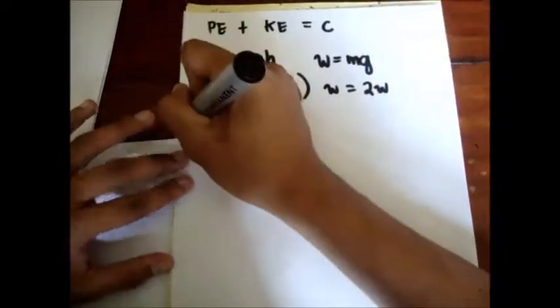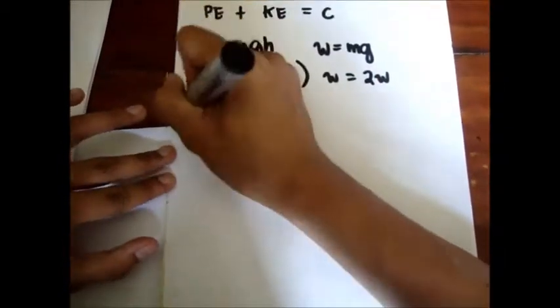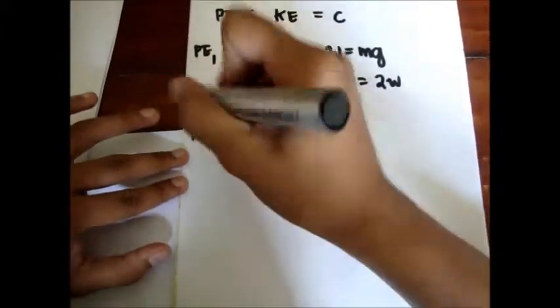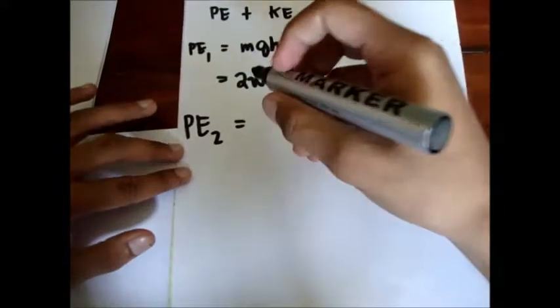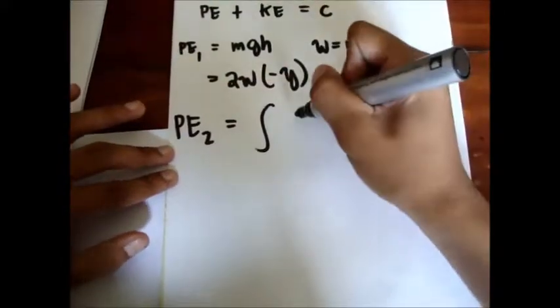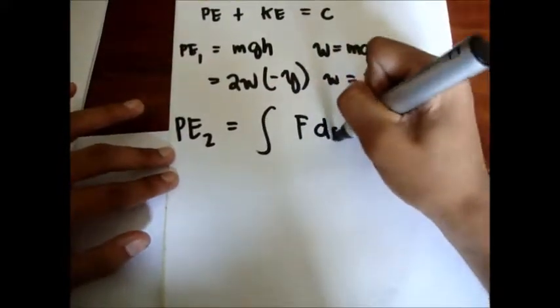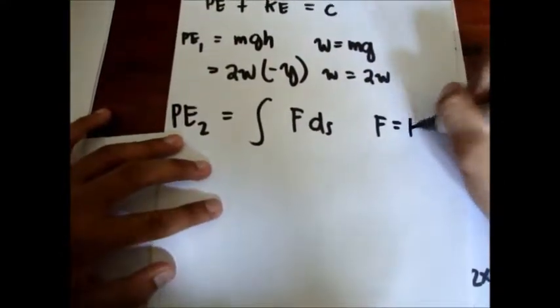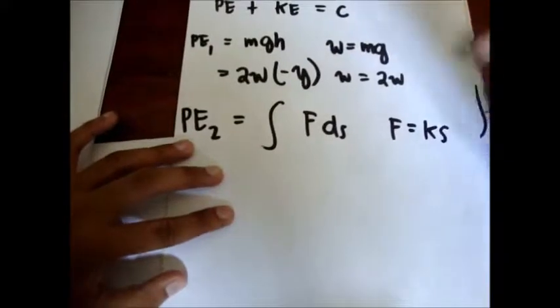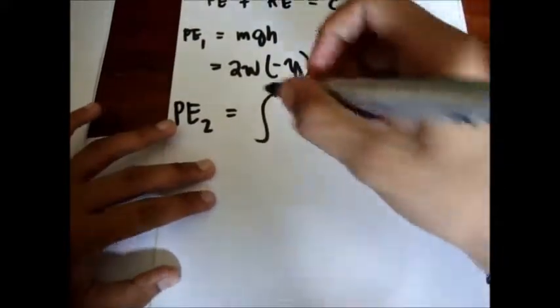The next potential energy that the problem possesses is the spring, which we will denote as PE2. For the spring, we have the integral of F ds. Recall that our force F is equal to ks, using Hooke's law because it is a spring.